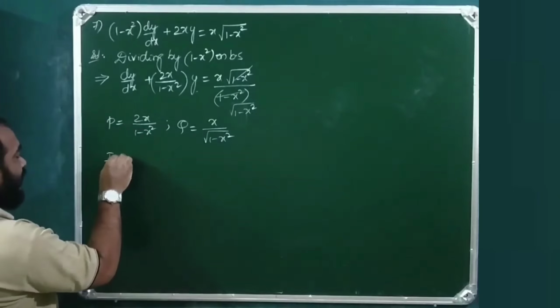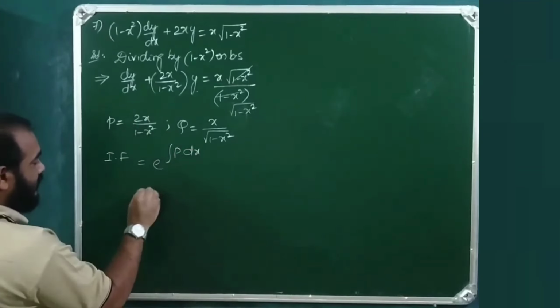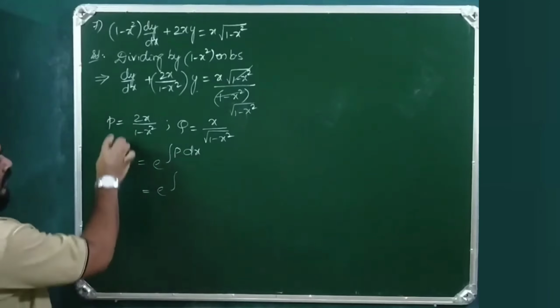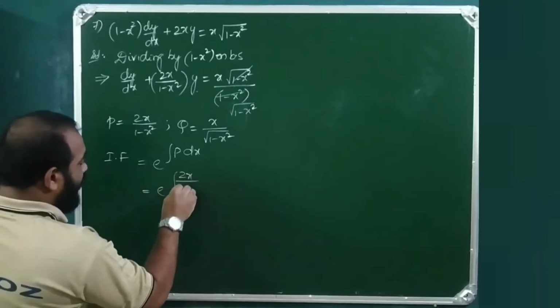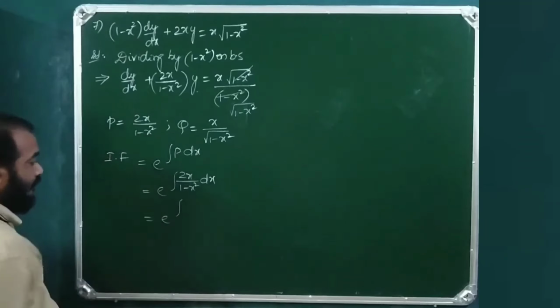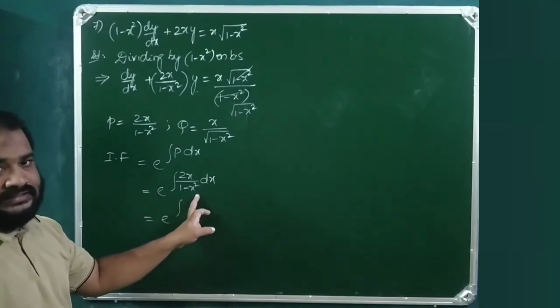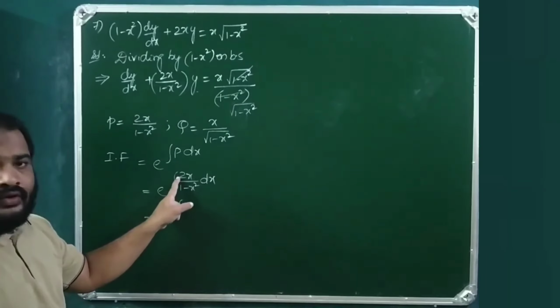Now the integrating factor is e power integral p dx. E power integral, the value of p is 2x by 1 minus x square dx. Now 1 minus x square derivative is minus 2x, but here 2x is there.